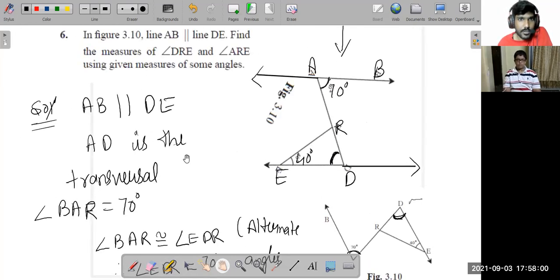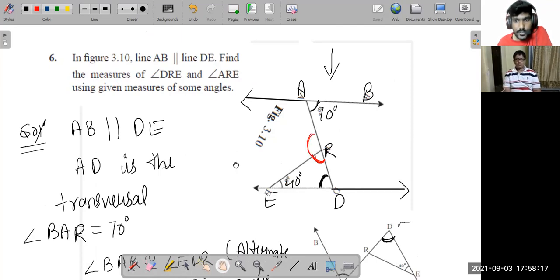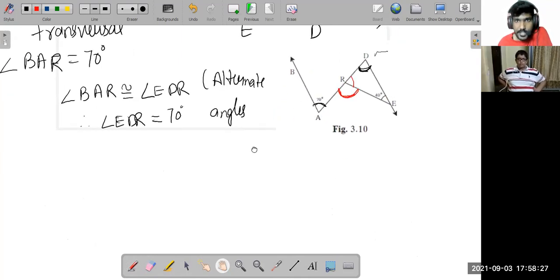What we have to find out, I'll mark in red: angle DRE, that is this one here, and ARE, that is this one here. These two angles we have to find out, the ones marked in red.